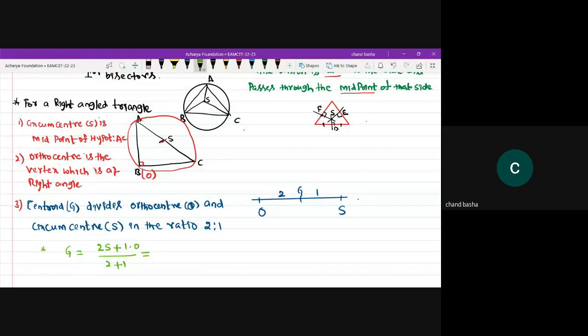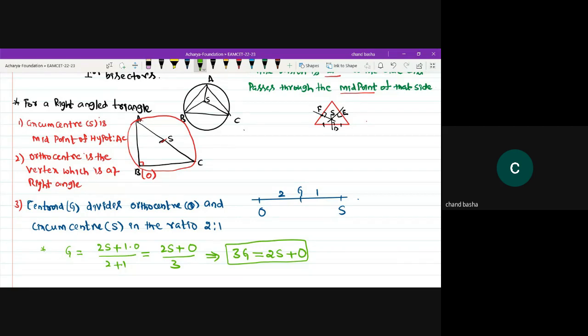That means 2S plus 1 into O, the orthocenter, divided by 3. So from this we can write 3G is equal to 2S plus O. This is the relation you have to remember.